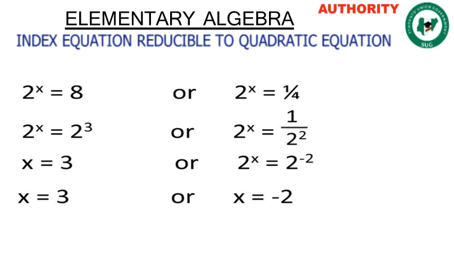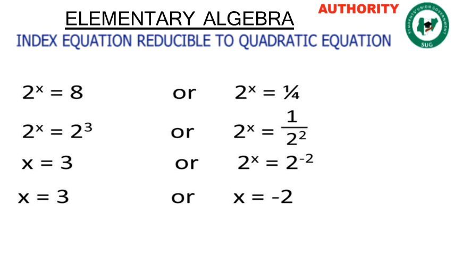Now we'll say or 2 raised to power x is equal to this 1 all over 4. We can make it to be 1 all over 2 raised to power 2. Okay? The 4 will reduce it to base 2, so that when you say 2 times 2, it will give you 4, right? And then it's the same as saying 1 all over 2 raised to power 2. Okay? Now let's go.